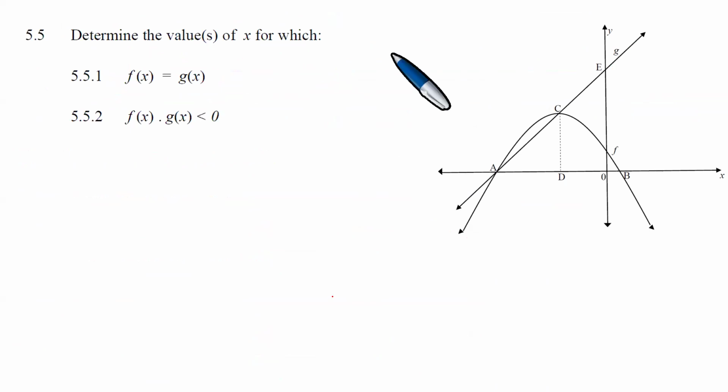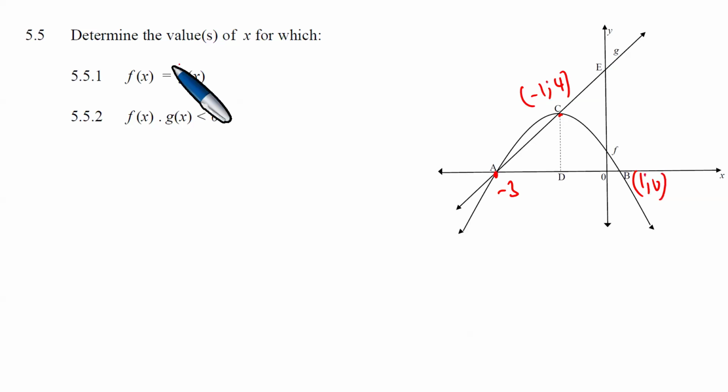Okay, we continue. Determine the values of x for which F equals G. We know very well this is -3 here, that B has the coordinates 1 and 0, and that this one has the coordinates -1 together with 4.